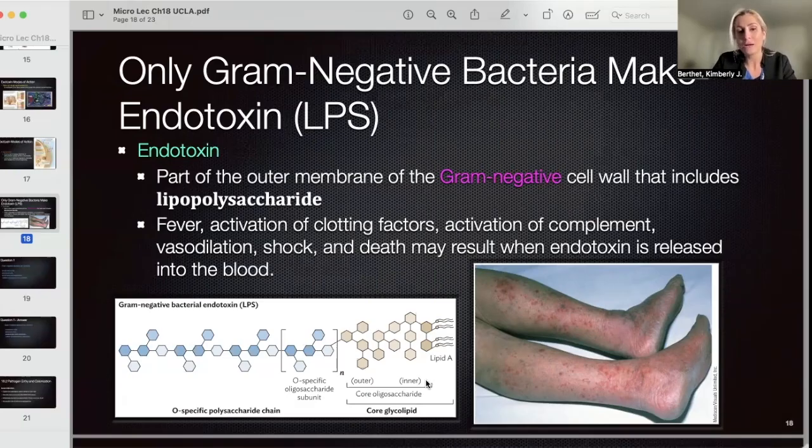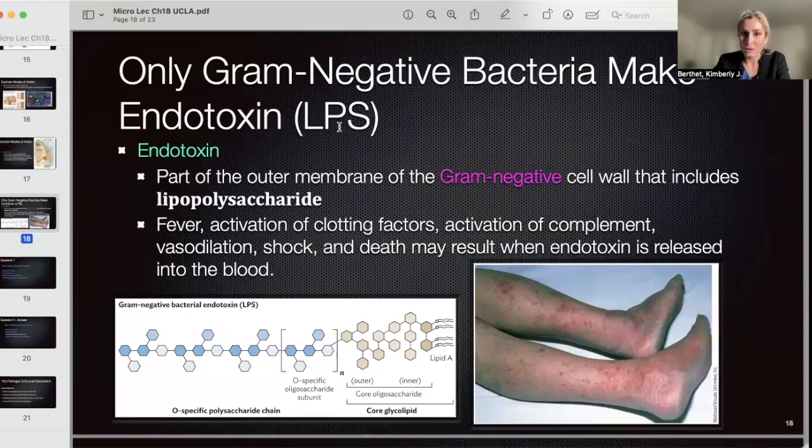So if we take a specific kind of antibiotic that kills gram-negative bacteria in a certain way, it can release LPS into your system, and it can cause essentially a toxic shock from LPS. So it can give you fever, it can cause death and result in the endotoxins to be released into your blood, as we see here.